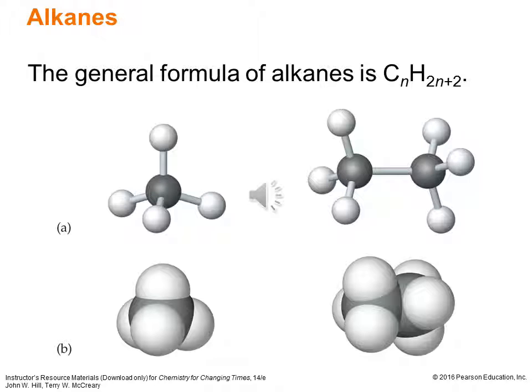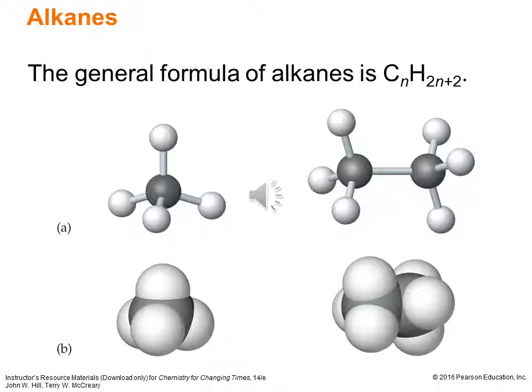If we look at the compound on the right, ethane, we have 2 carbon atoms, so it's C2, and then we have H2 times 2 plus 2, so we end up with C2H6. We have to be a little careful when we get into ring structures because the carbon ring closes on itself.